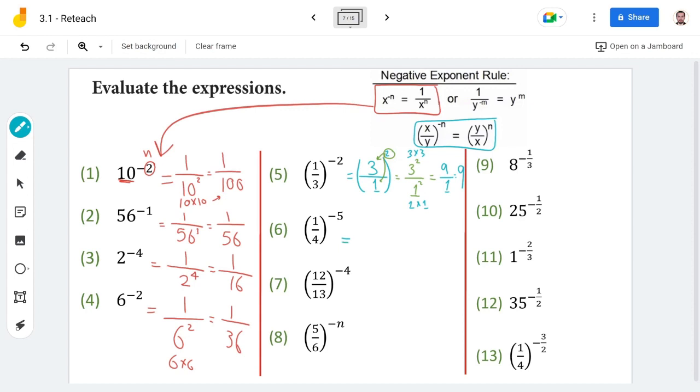Okay, let's do this one here. So now we flip and remove the negative. So 1 over 4 to the power of negative 5 becomes 4 over 1 to the power of 5.